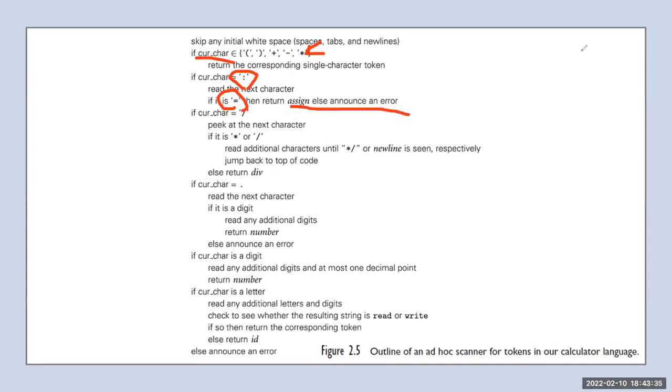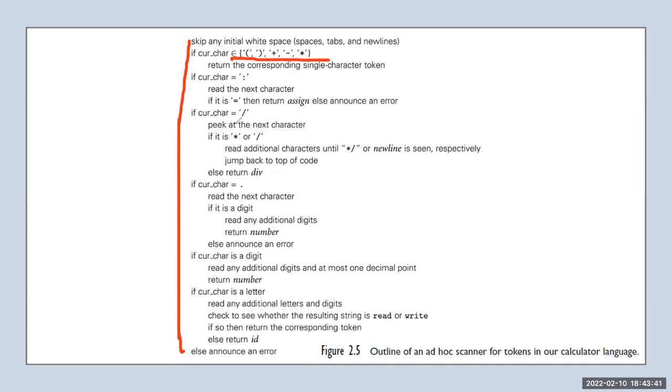So this one is an ad hoc scanner, with pure tokens, and then tokens that rely on look ahead later, and tokens with a period, which we use for the real numbers. So here is the brief algorithm in pseudocode for the ad hoc scanner.